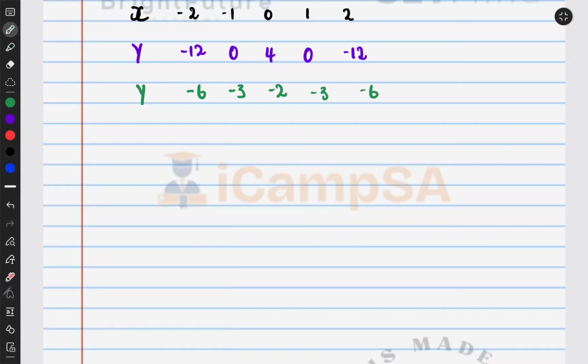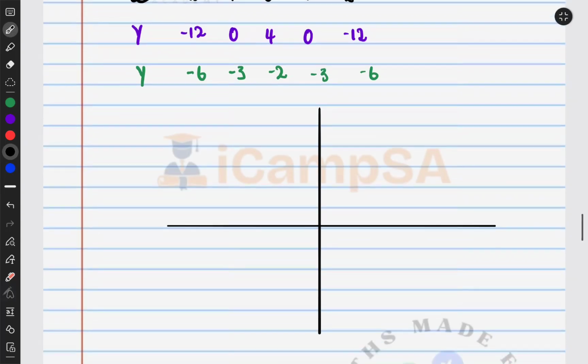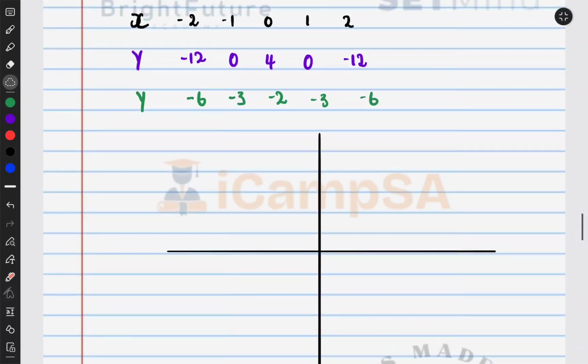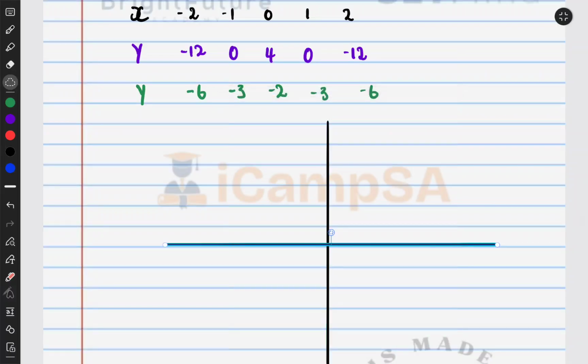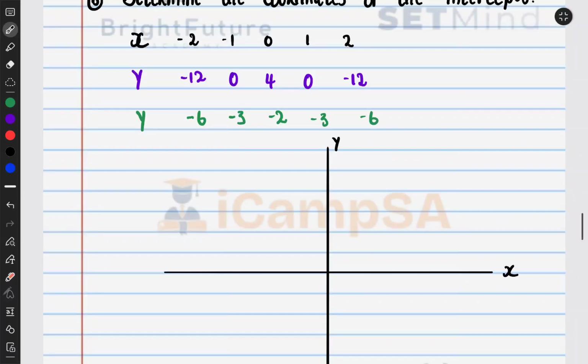Start by drawing our set of axes, with x and y. Now let me calibrate this.